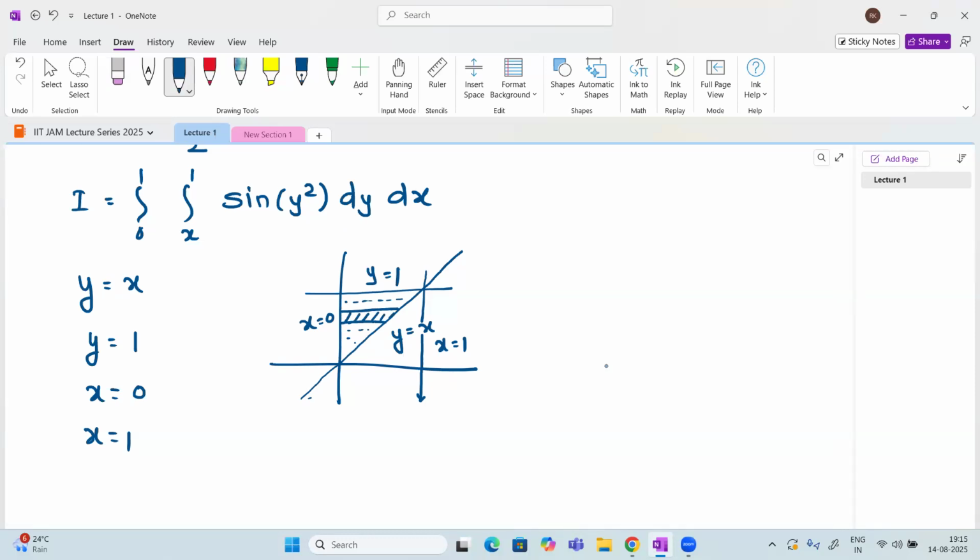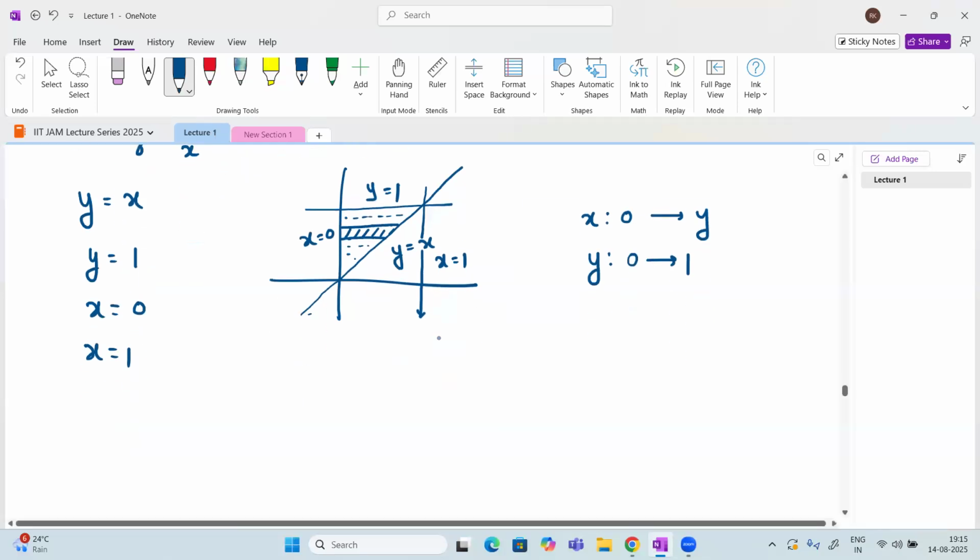So Vidhi, will you tell me the limits then? Now the strip is parallel to x-axis. Please, can you tell me the limits? X 0 to y. Exactly. And y is 0 to 1.